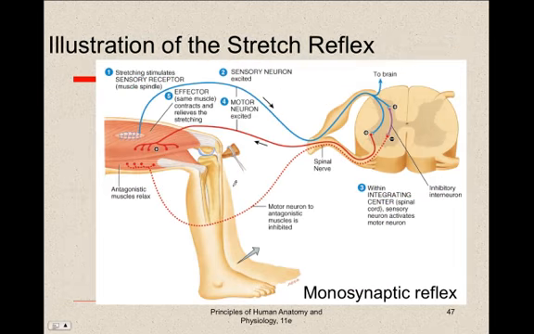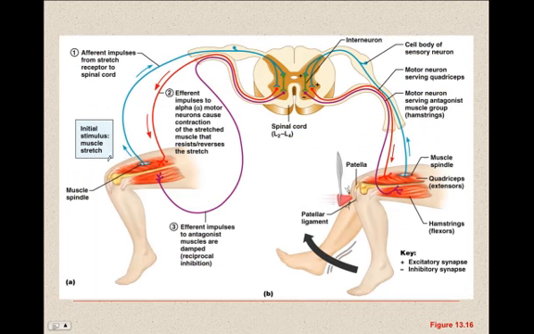So this first one is our stretch reflex. Actually, this one's probably from your book. Your stretch reflex is also called your patellar stretch reflex or patellar tendon stretch reflex. And this one is going to be initiated by these muscle spindle receptors that are surrounding muscle fibers in the quadriceps muscle.